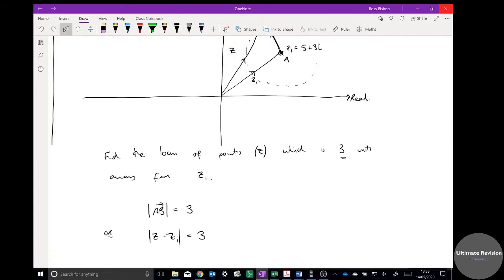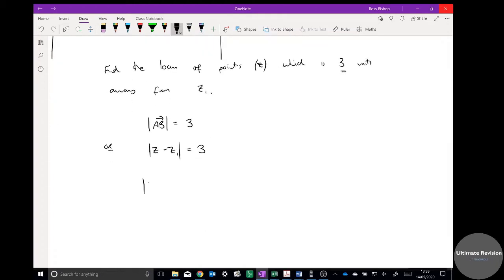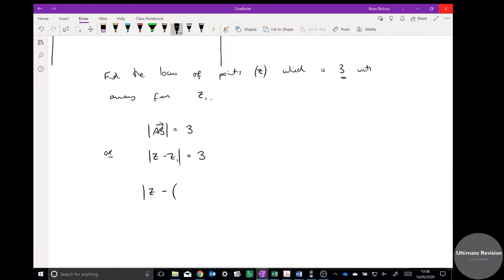Now, z1 is fixed, you will have seen. So I know that's the center of my circle. So z minus z1, where z1 is 5 plus 3i. The modulus of that must equal 3. Okay, that is as far as I need to go.